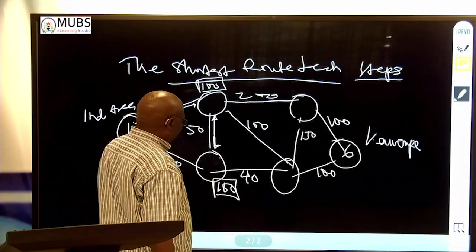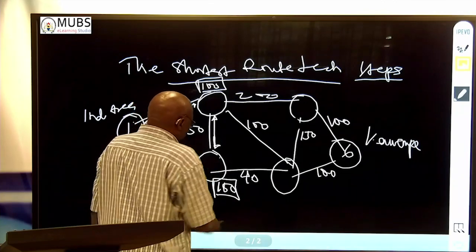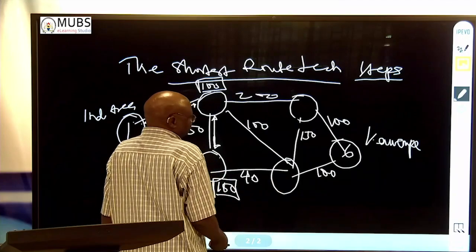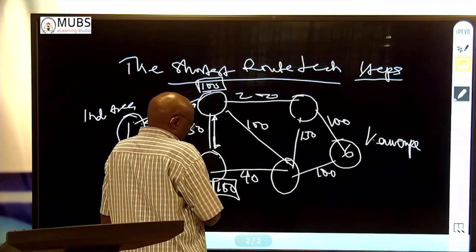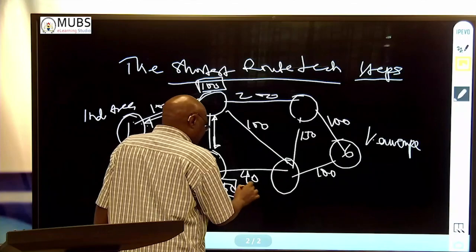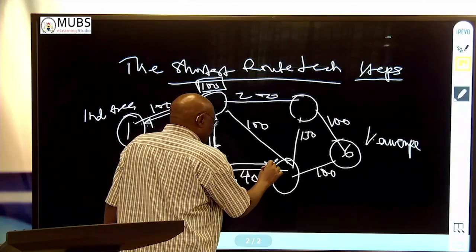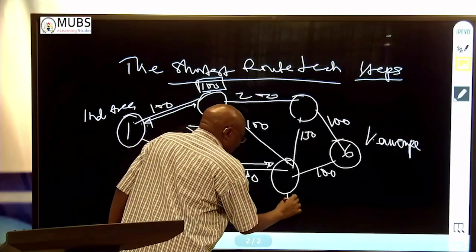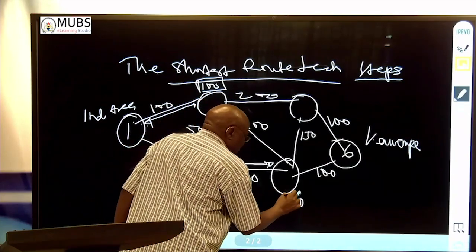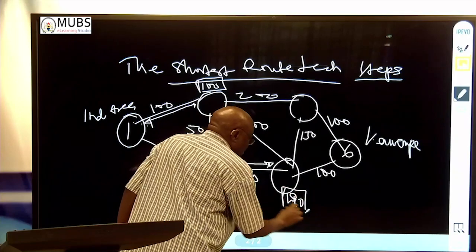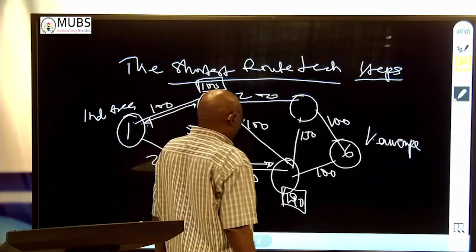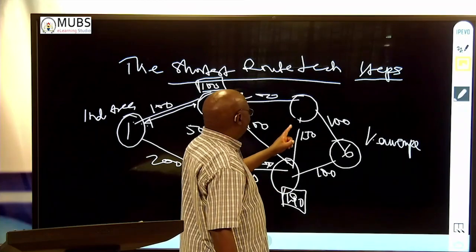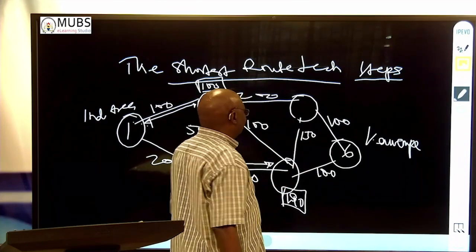Now, when we have reached here, there is no other route, but to take this direction, which gives us 40. When we take that direction, here it will have become 190 as a total distance. When we're at 190, we could either move up. This is 150, this is 100.